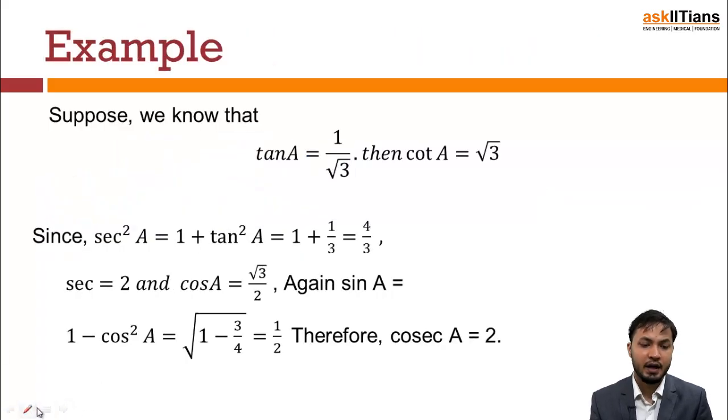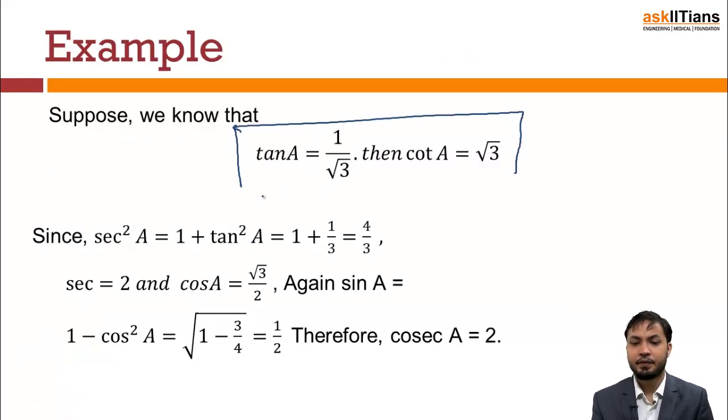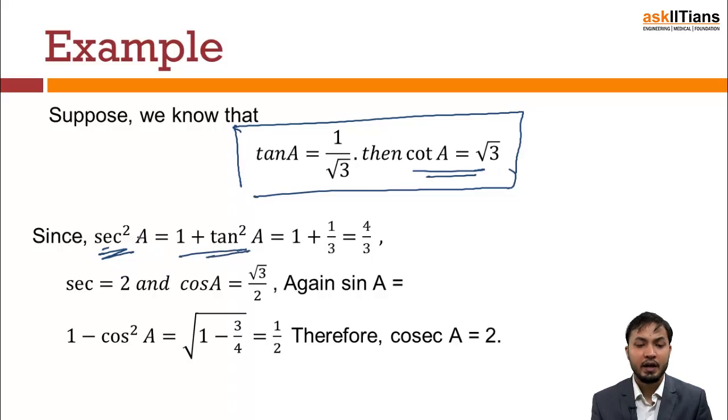Let's suppose my tan A is defined like this. Then I need to prove that my cot A is 3. So what happens? I use trigonometric identities. I know I can take out sec square A using 1 plus this. So I can calculate my sec value from this.